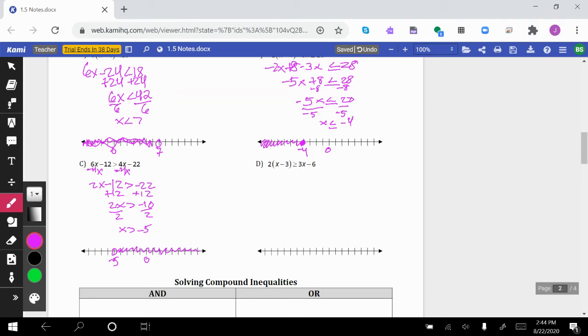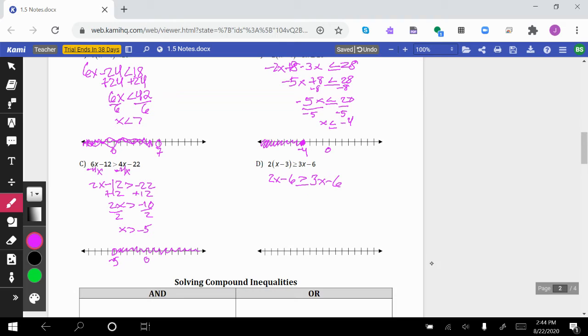Go ahead and try D. All right, so for D, we have 2 parentheses x minus 3 is greater than or equal to 3x minus 6. So we are going to distribute 2x minus 6 is greater than or equal to 3x minus 6.